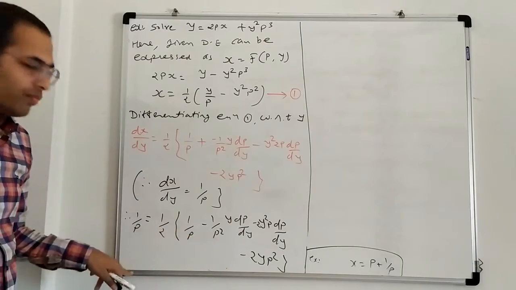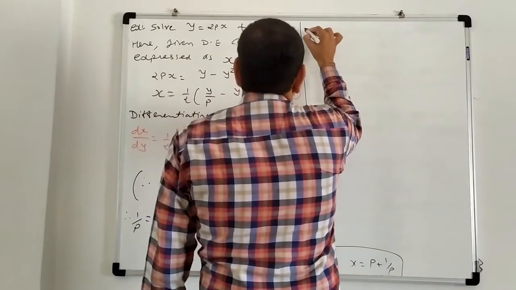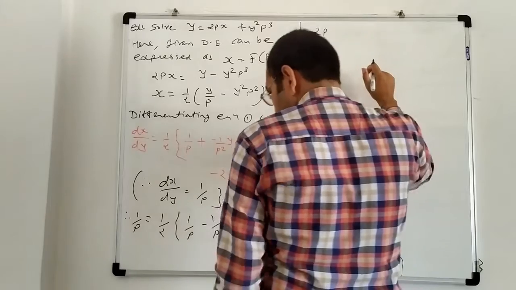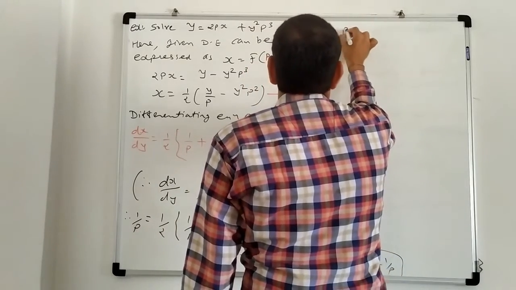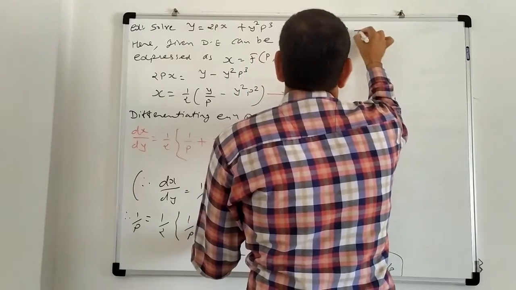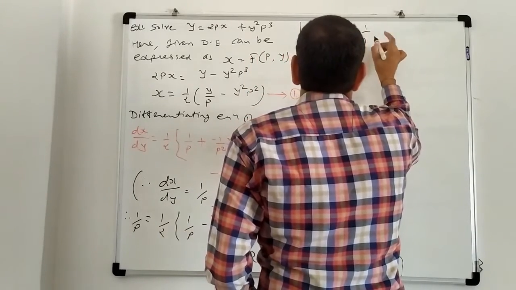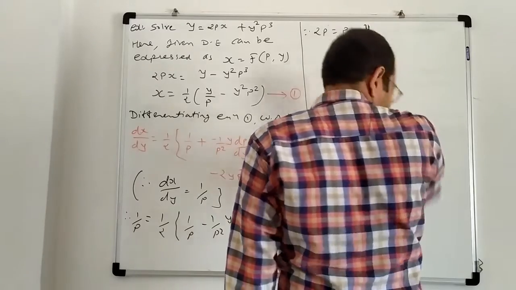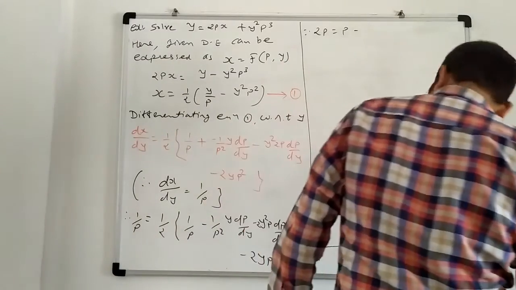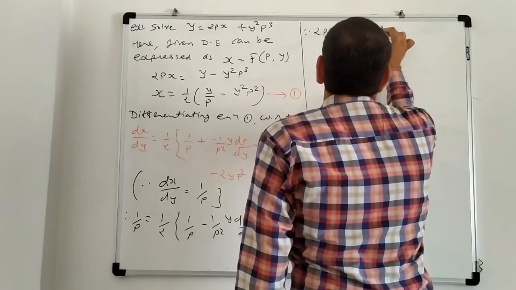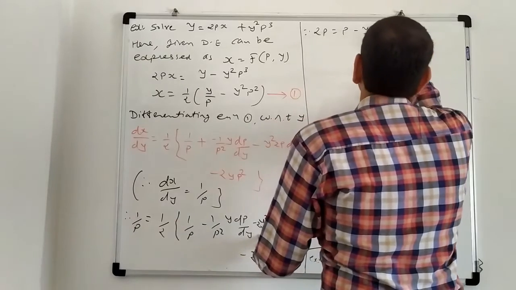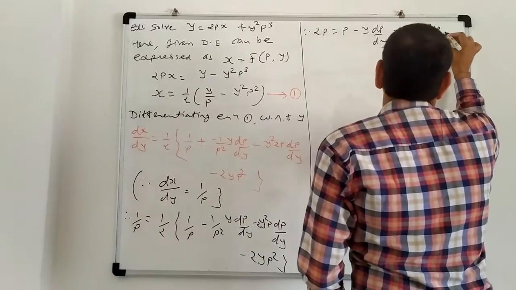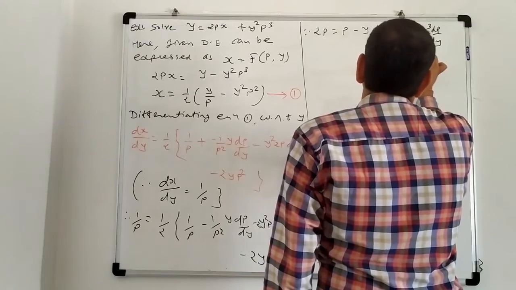Now taking LCM, which is 2p square, the p's cancel out, equal to p minus 1 upon p, minus y dp by dy, minus 2y square p cube dp by dy, minus 2y p raised to 4.